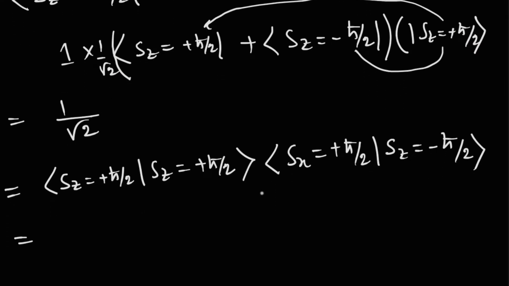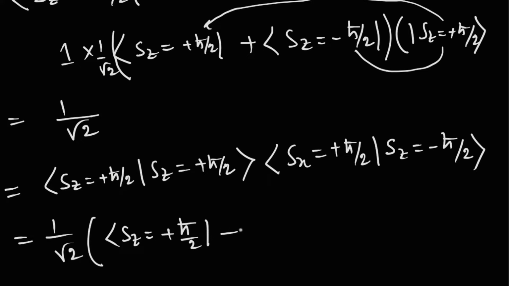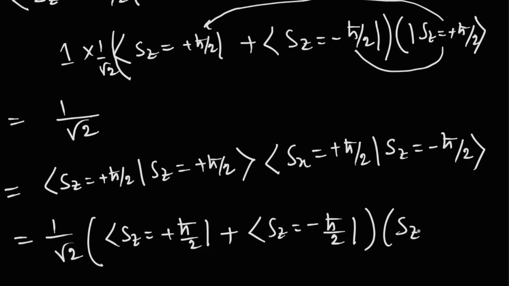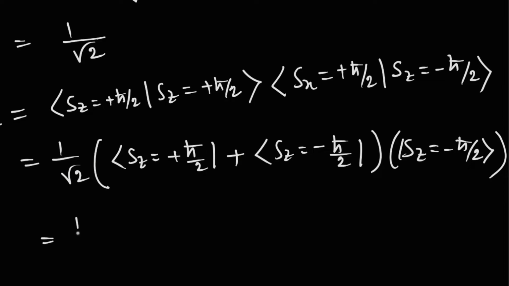It will give 1 and the next will give 1 by root 2 times Sz equal to plus h cut by 2 plus Sz equal to minus h cut by 2, with Sz equal to minus h cut by 2. This will also give 1 by root 2.